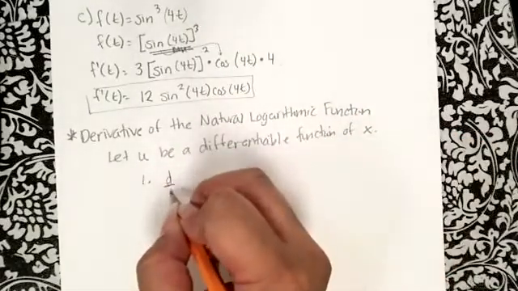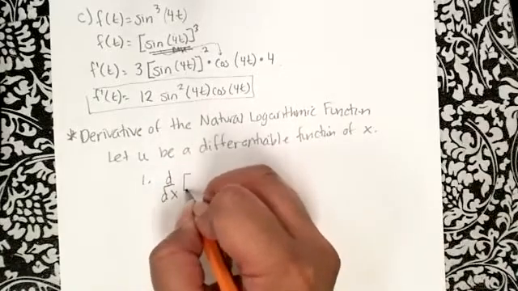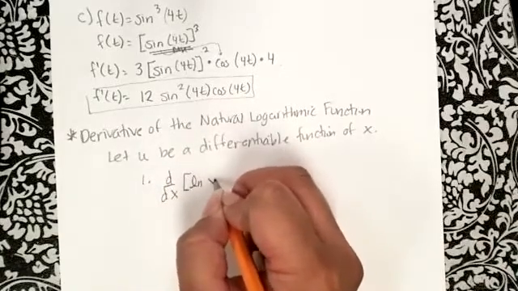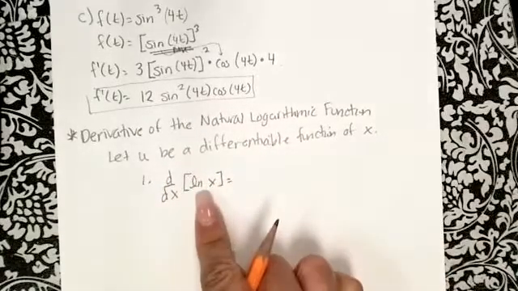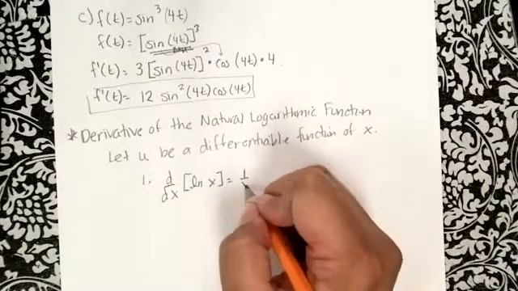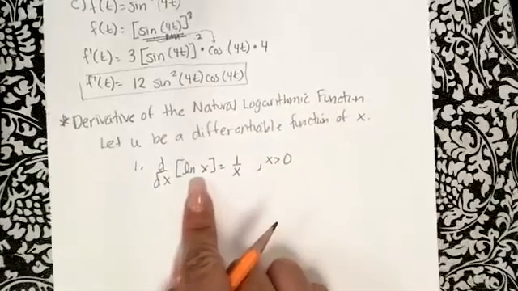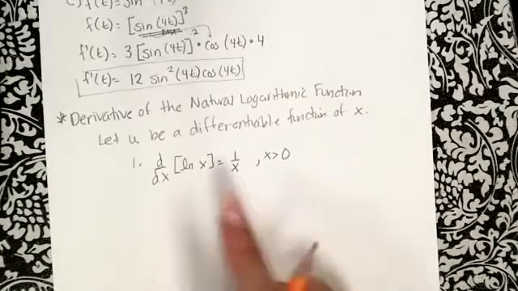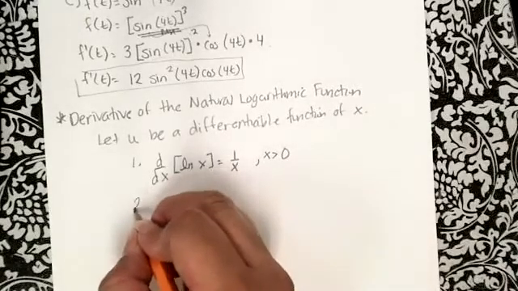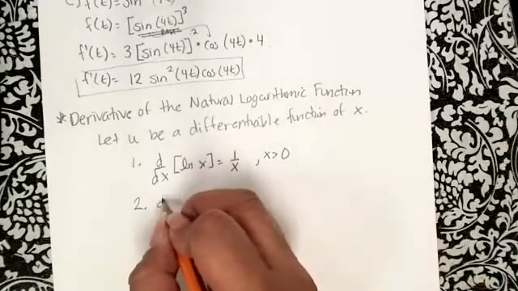If you are asked to take the derivative of the natural log of x, the derivative of natural log of x is always going to be 1 over x, as long as x is greater than 0. You can never take the natural log of a 0 or a negative number. Now, the chain rule also applies here.